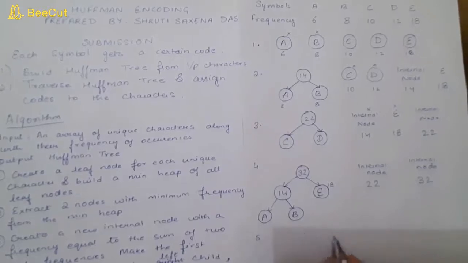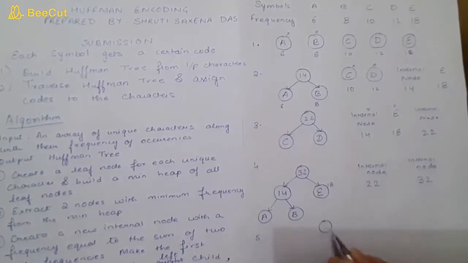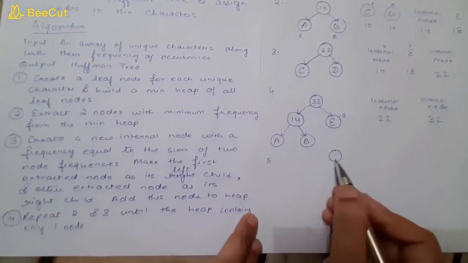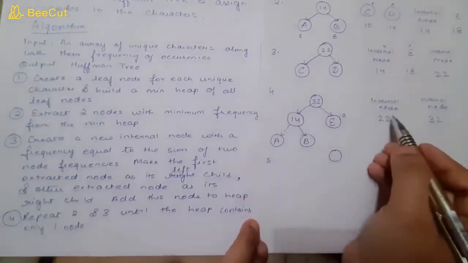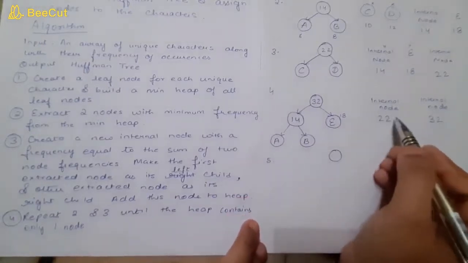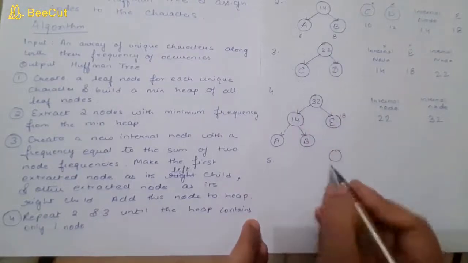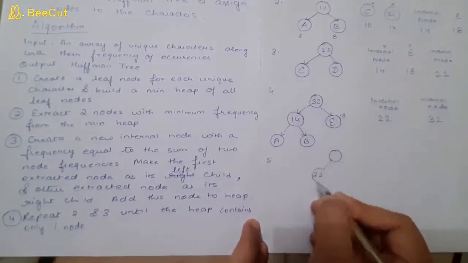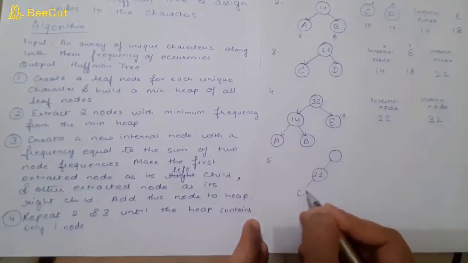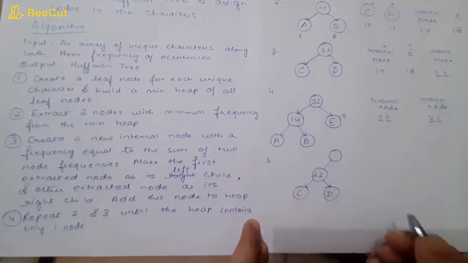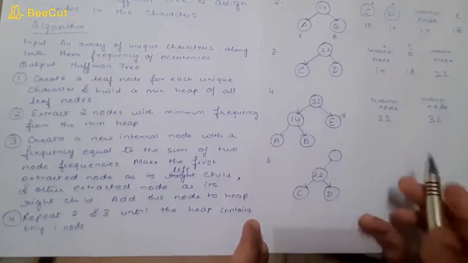So in the next step, this will be the result. Now in the left what should come? Internal node with value 22. That means this thing should come. Okay, so 22, and we are having C and D. And in the right what should come? 32.